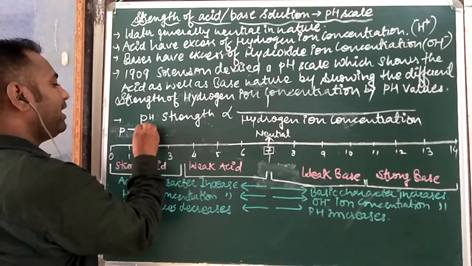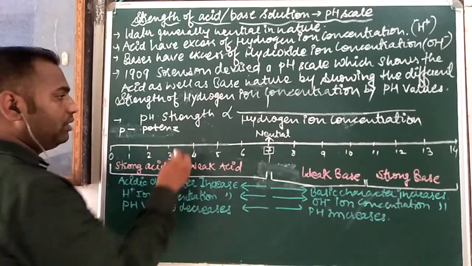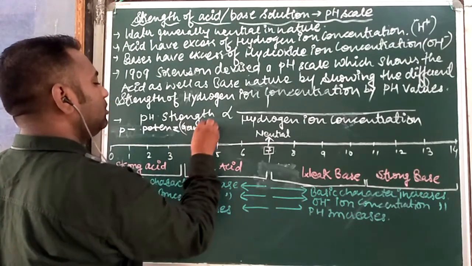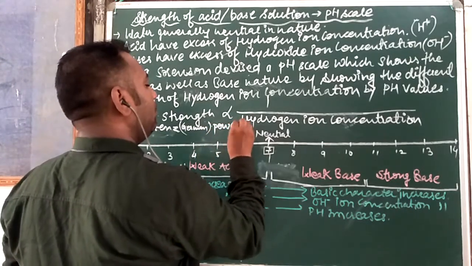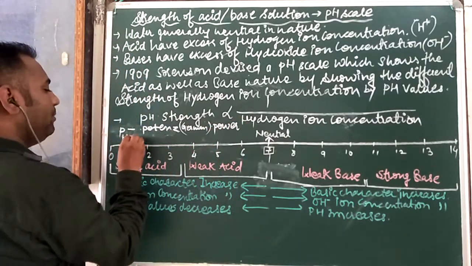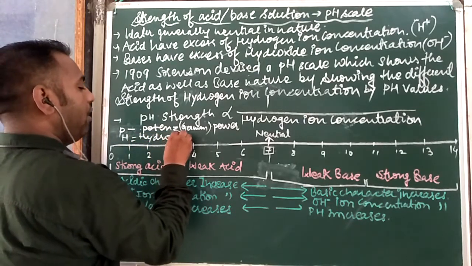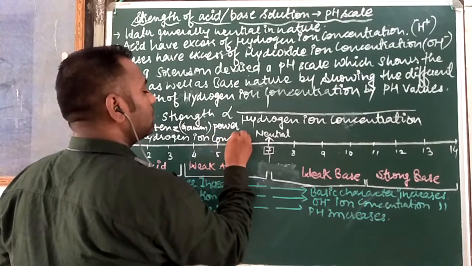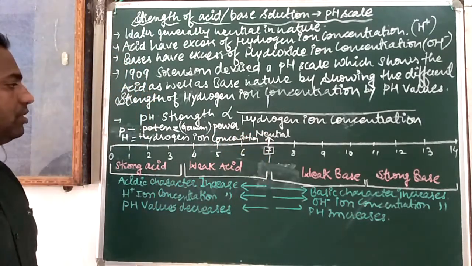P means potence, which is a German word, and means power. And H means hydrogen ion concentration. I hope you understood.